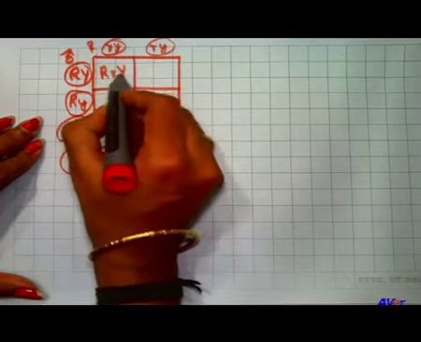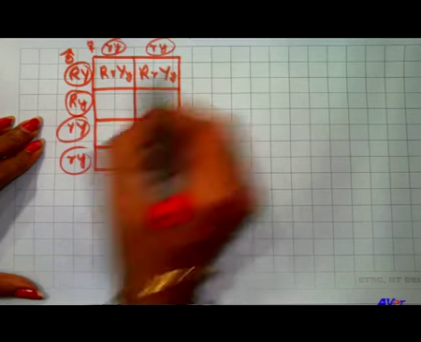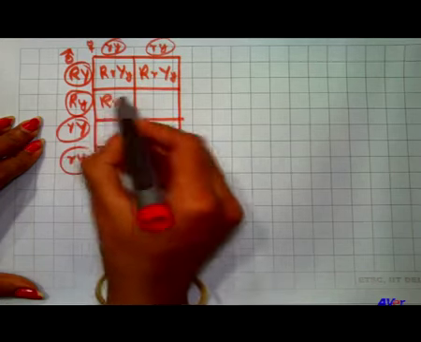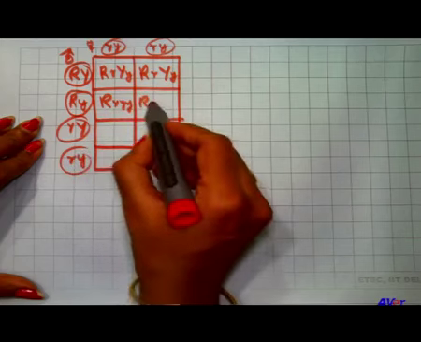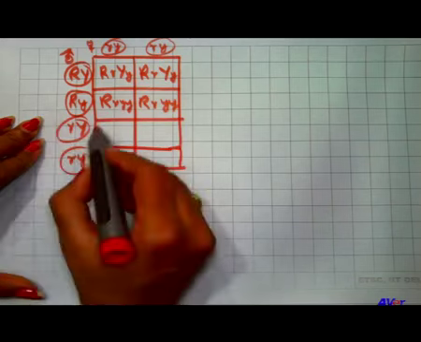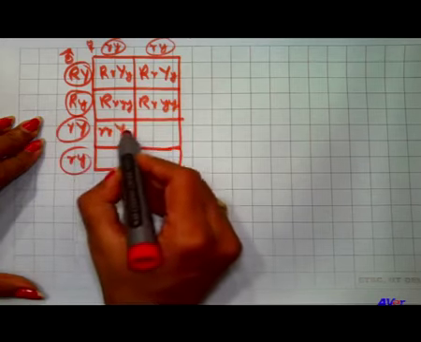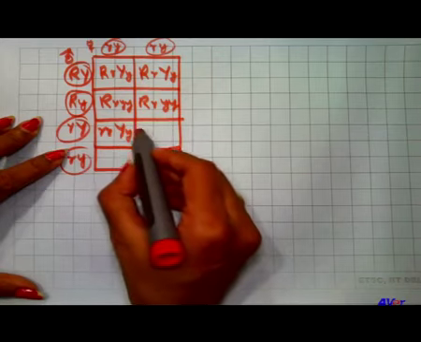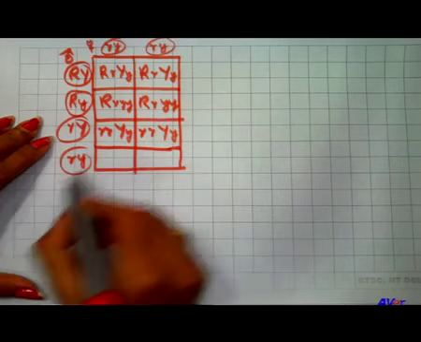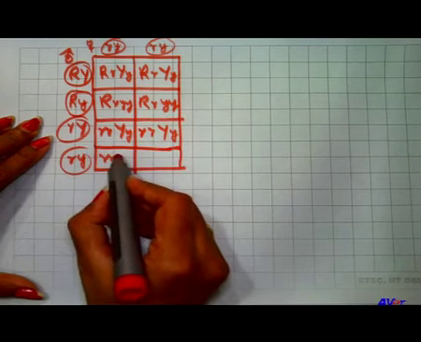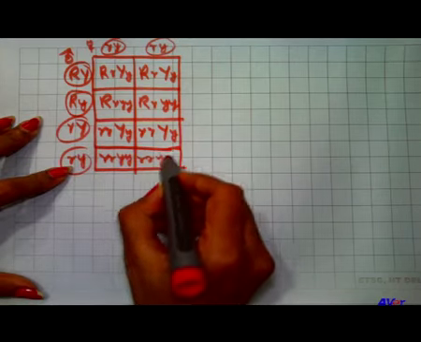The combinations are: capital R, small r, capital Y, small y; capital R, small r, capital Y, small y here; capital R, small r, small y, small y; capital R, small r, small y, small y. Then small r, small r, capital Y, small y; small r, small r, capital Y, small y; and small r, small r, small y, small y; small r, small r, small y, small y.